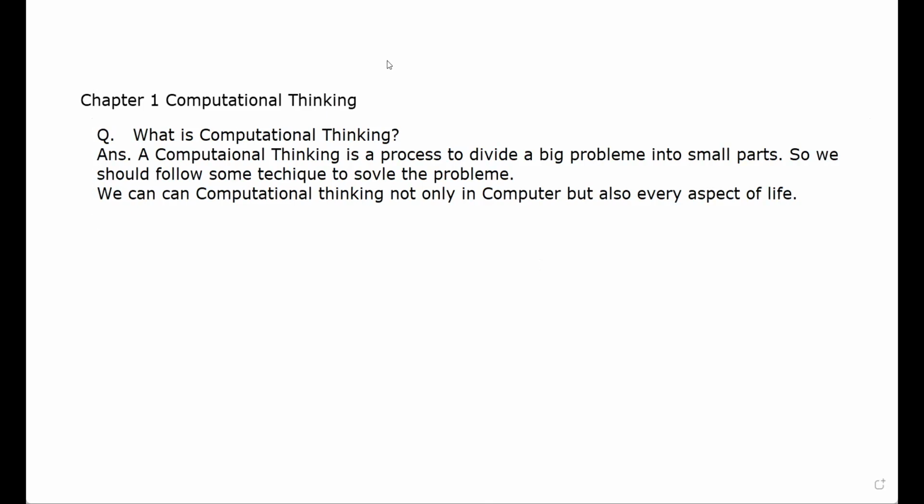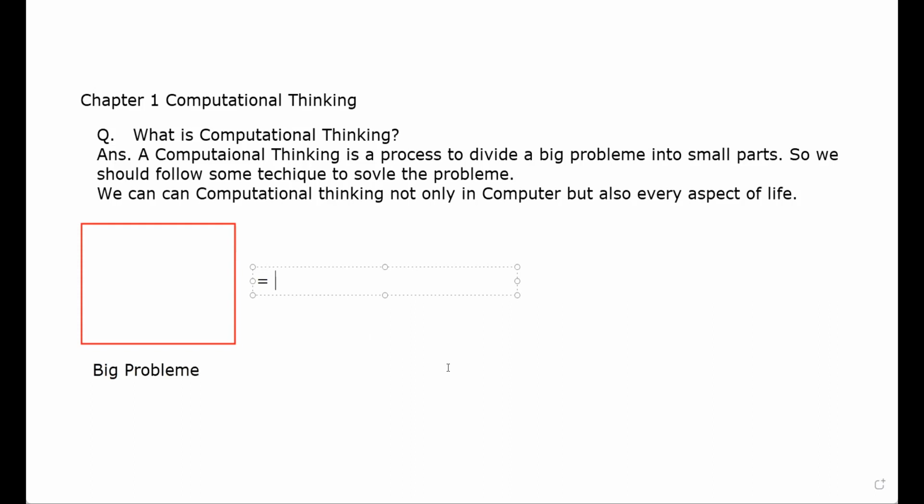Suppose this is a big problem. Problem might be like this. This is a big problem. We have to divide this problem into small parts. So what we have to do now? We have to divide this problem into small parts.